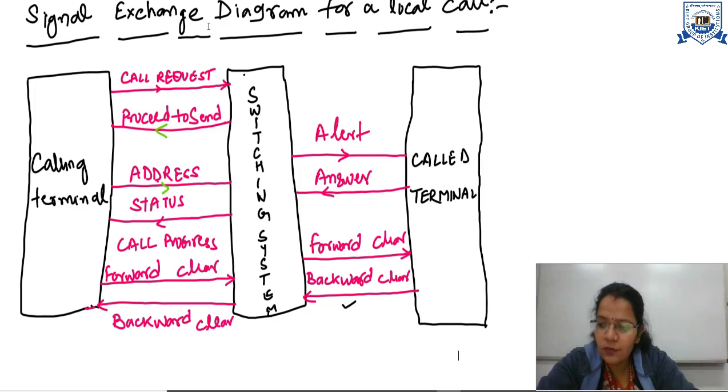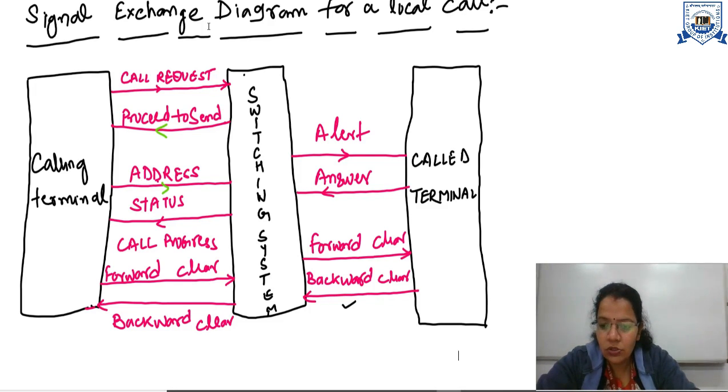The signals can therefore be transferred over a high-speed data link directly between the two processors instead of being transmitted over the speech connection. This is called common channel signaling. We will discuss both types of signaling in my next video.